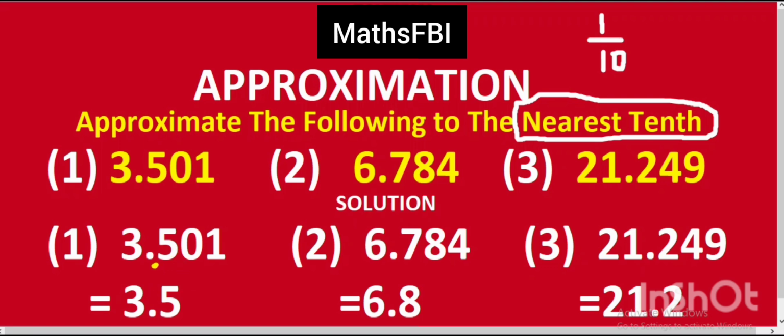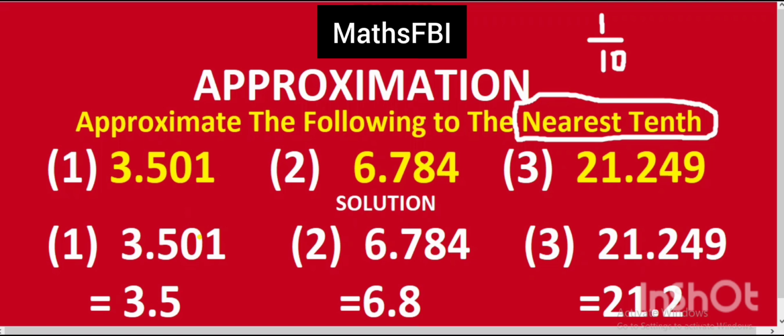Now, this is our target, the tenth, right? And so the principle, like we said about approximation, since 5 is our target, the subject of our approximation, we think of the next number after it, which is 0 here. 0 is less than 5.